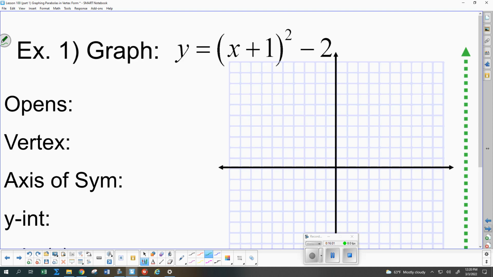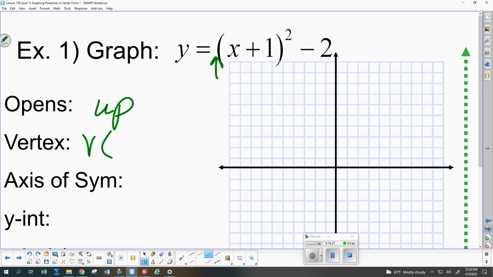Okay, let's model that. I think this matches your example 1, right? Is that the same equation that you have? So we're going to look in front here. Is that positive or negative? So everybody, is it open up or down? Because it's already in this form, we're going to look at it and write down the x and y coordinates of the vertex.